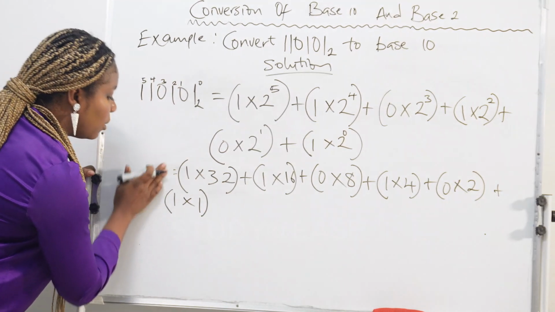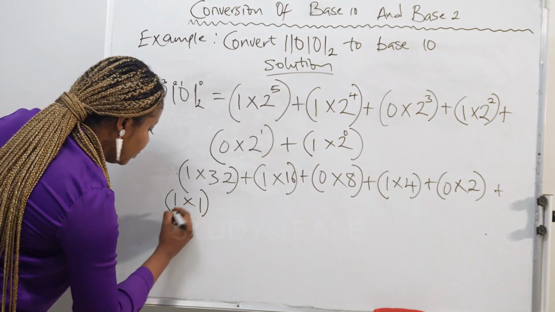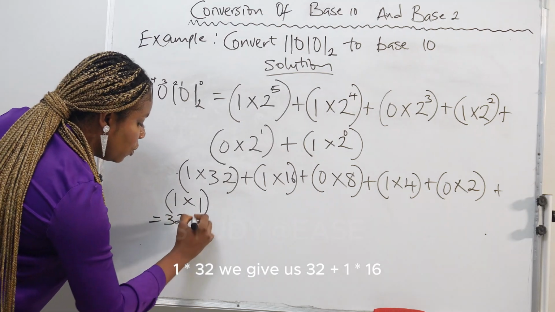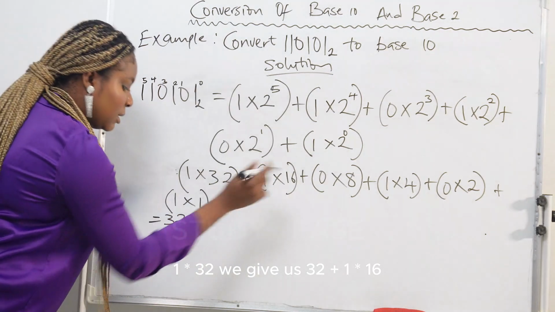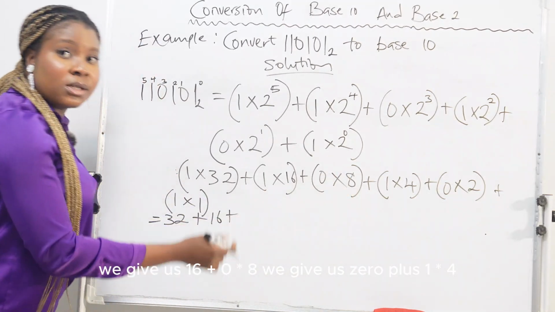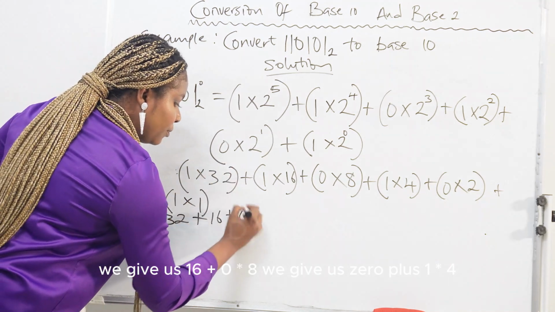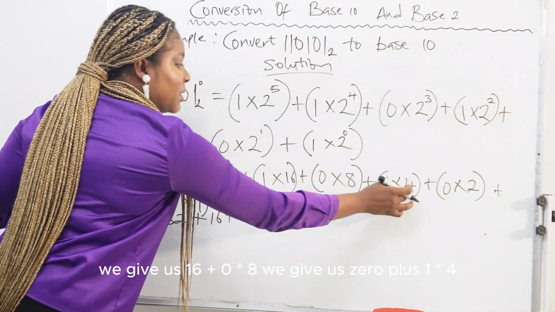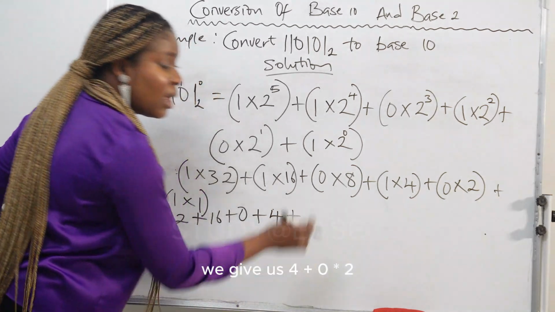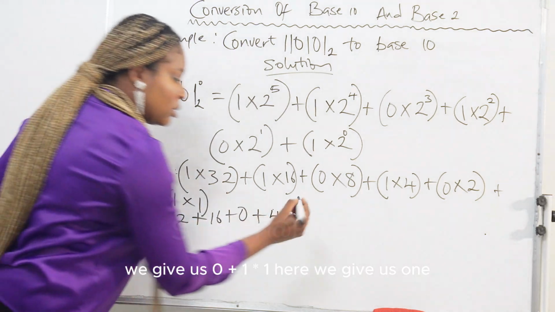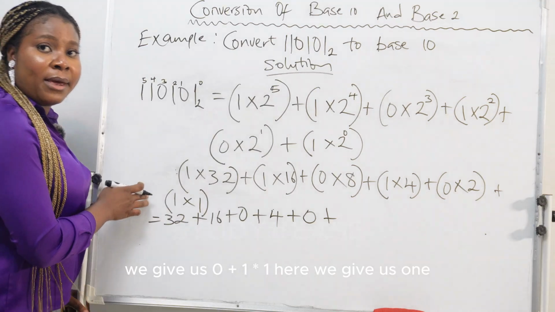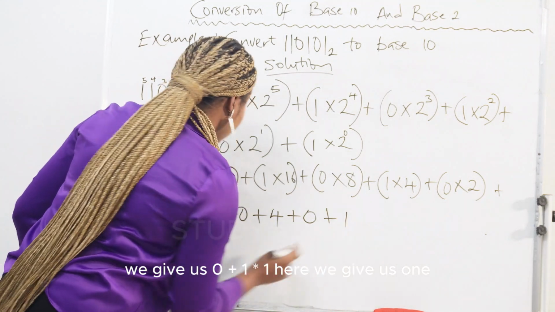So now this will be equal to 1 times 32 will give us 32, plus 1 times 16 will give us 16, plus 0 times 8 will give us 0, plus 1 times 4 will give us 4, plus 0 times 2 will give us 0, plus 1 times 1 will give us 1.